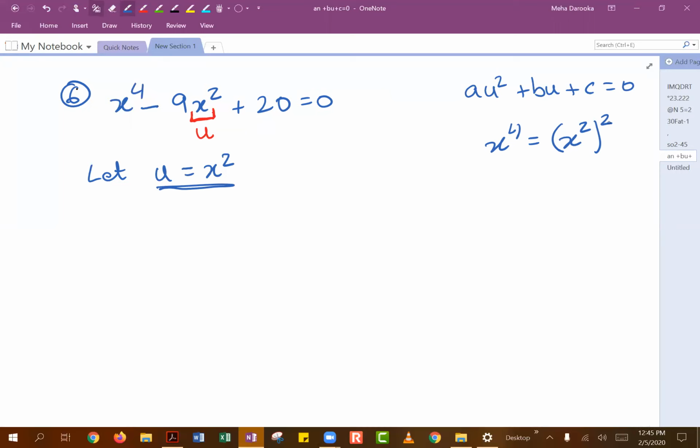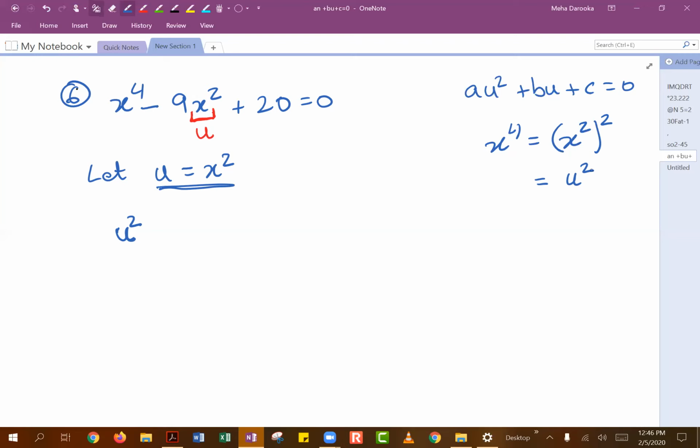So you're going to rewrite your x to the 4th as u to the 2nd power, because if x squared is u, that's going to become u squared. Do we see how that transition happens? I don't want to move forward till everybody's comfortable.